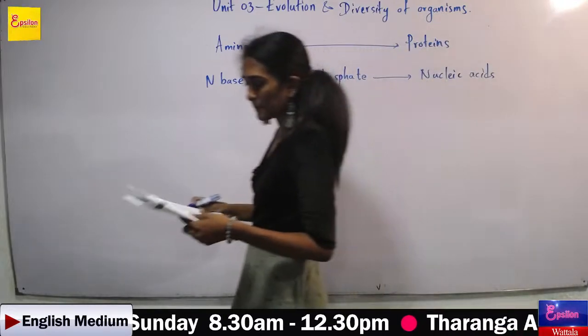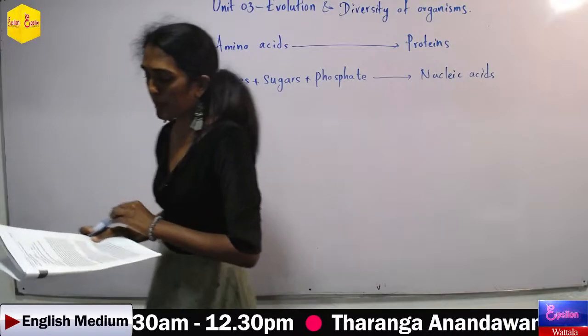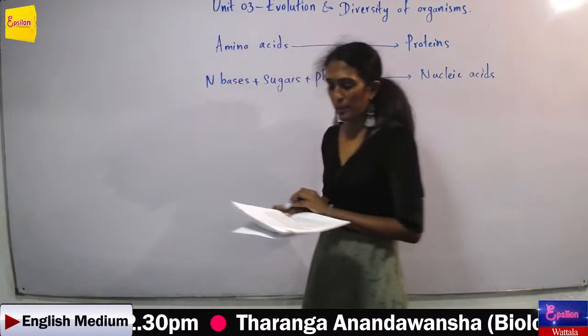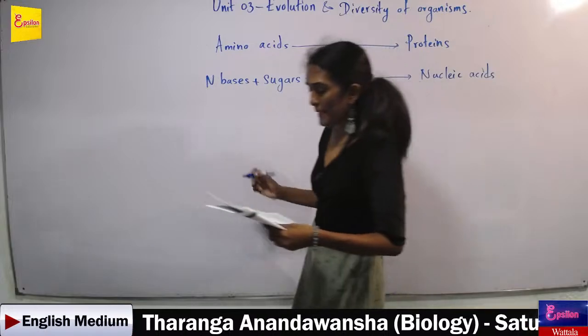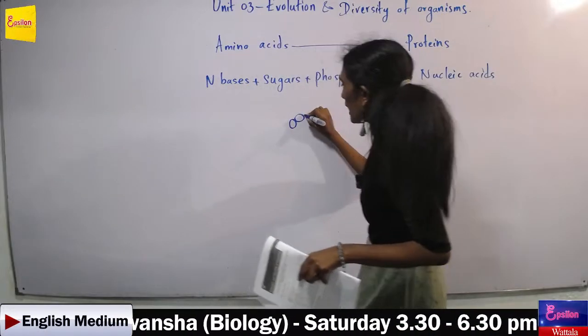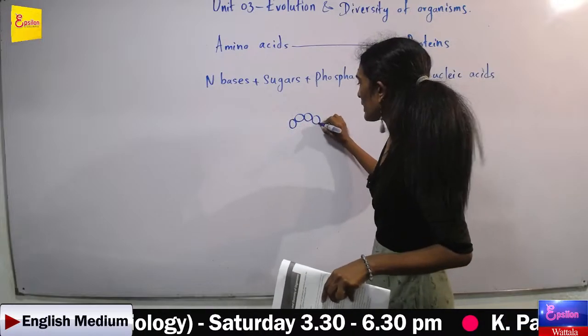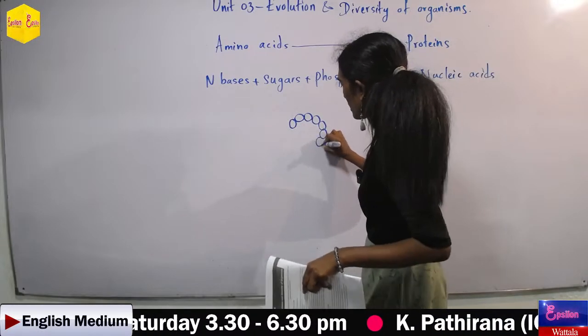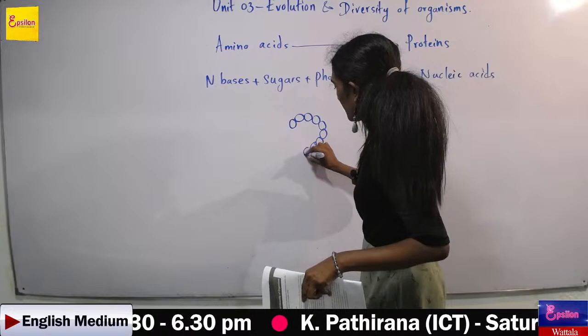Then organic macromolecules were packed into membranes to produce protocells. These are actually lipid-bound vesicles. If you put oil in water, you know, globules are created. This is such a globule made up of lipids.